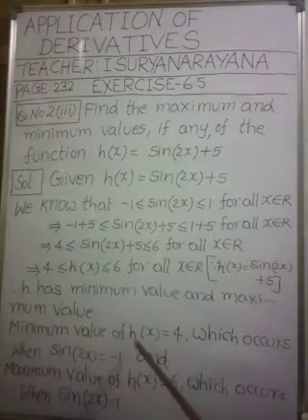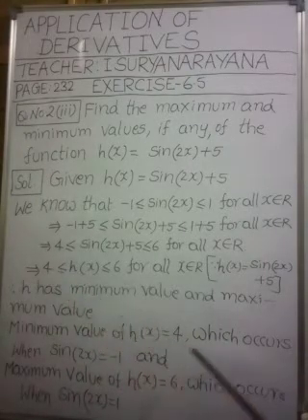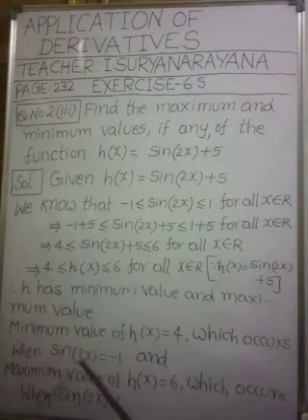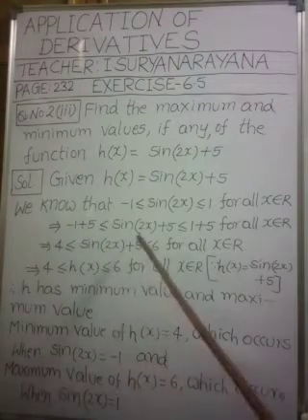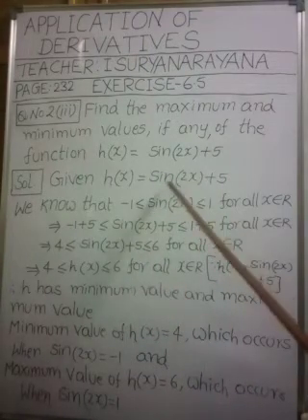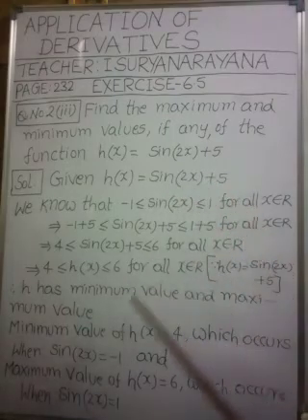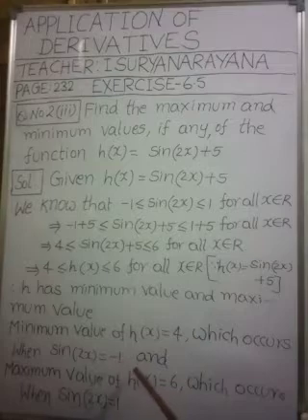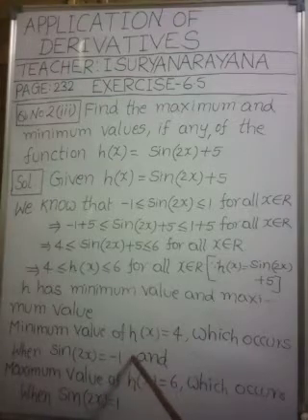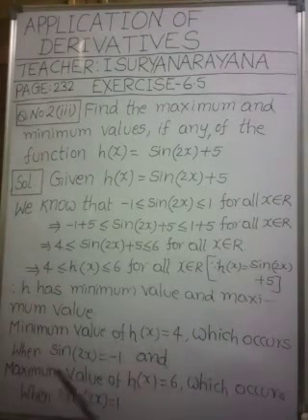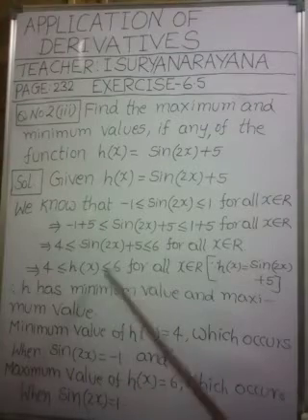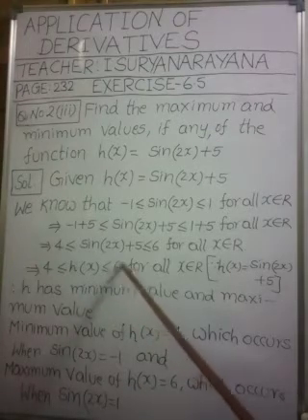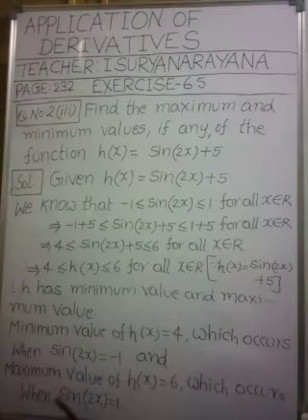Minimum value of h of x is equal to 4, which occurs when sine of 2x is equal to minus 1. If it is minus 1 plus 5, then we get 4. And the maximum value of h of x is 6, which occurs when sine of 2x is equal to 1.